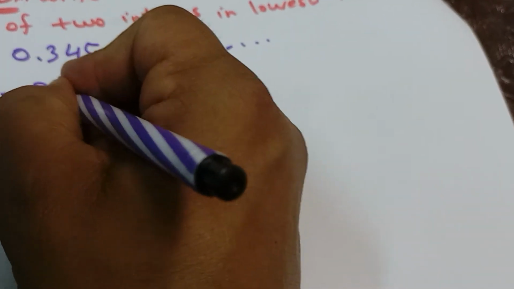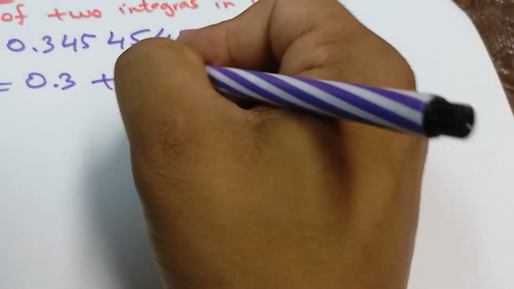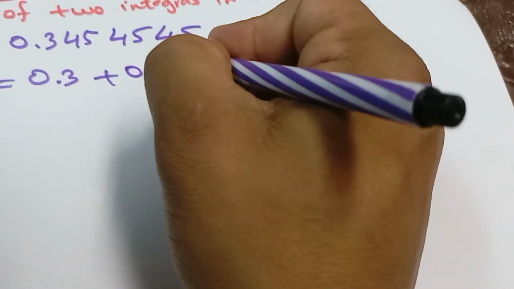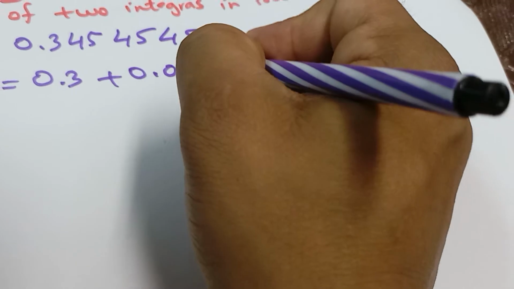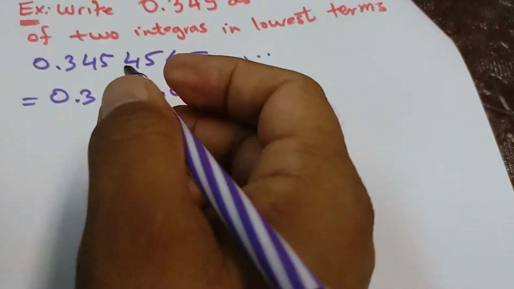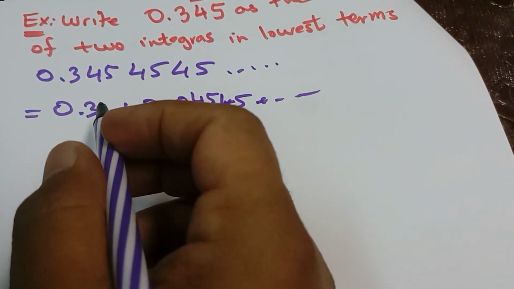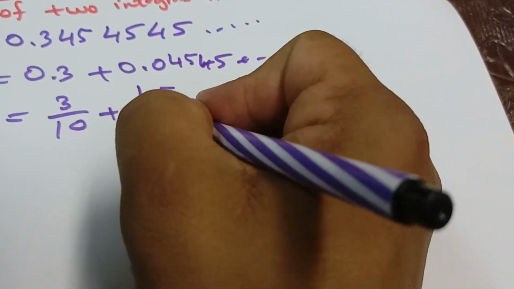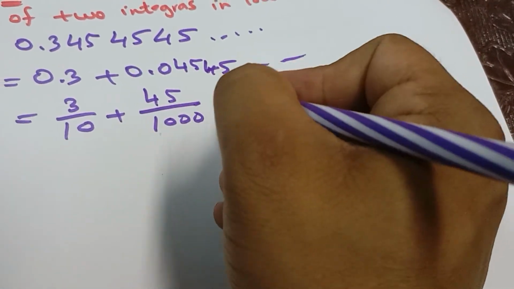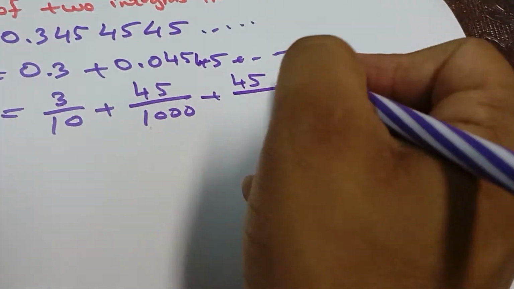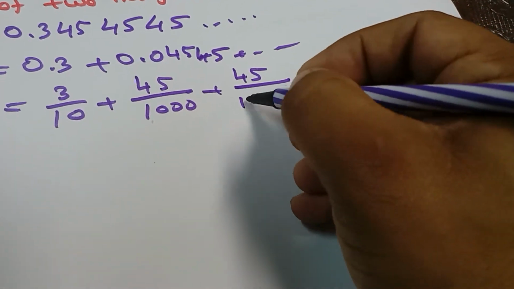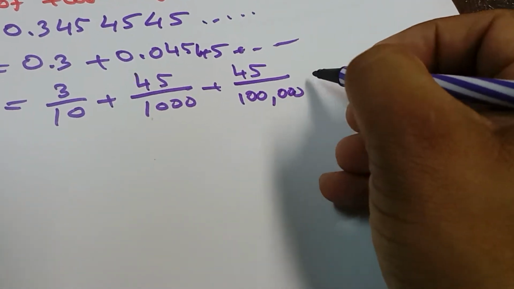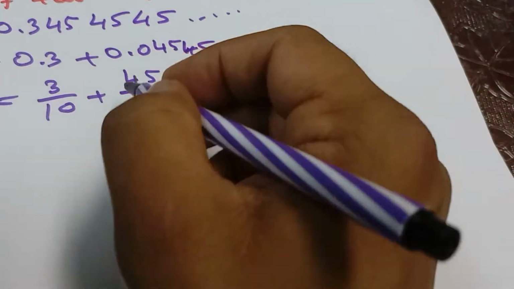That equals 0.3 plus 0.04545, and so on, right? Now that can be written as 3 over 10 plus 45 over 1000, plus 45 over 100,000, and so on.